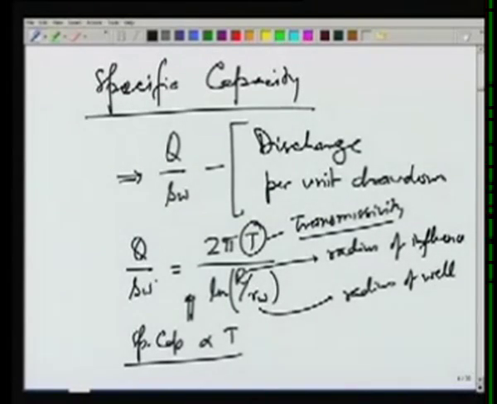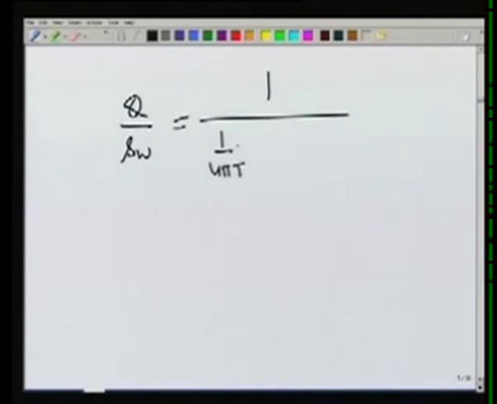If the flow is transient, then we have the equation using the Theis equation and the Cooper-Jacob approximation.